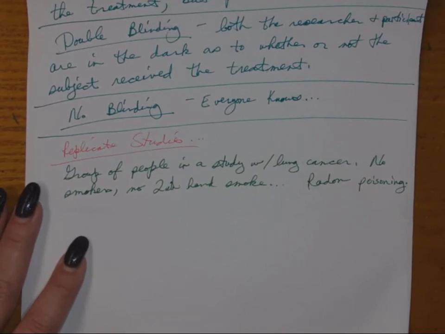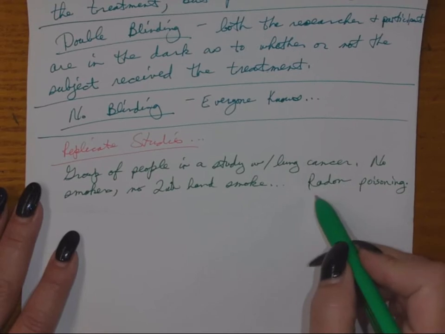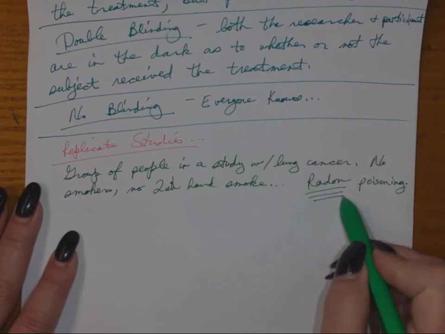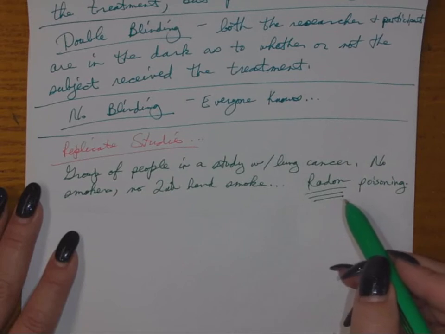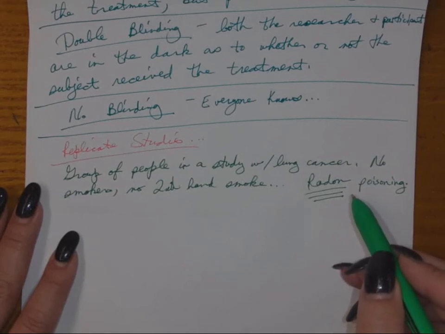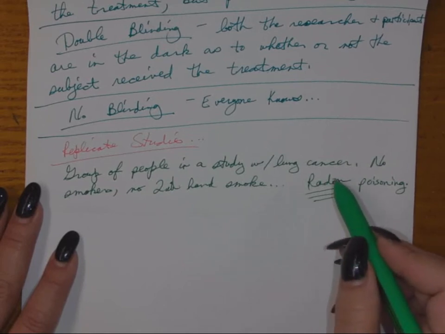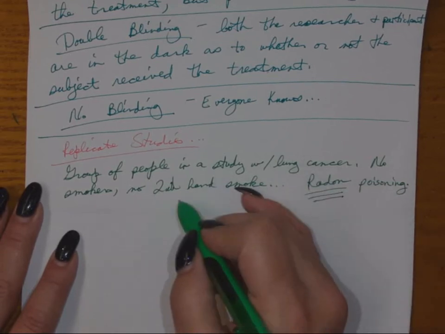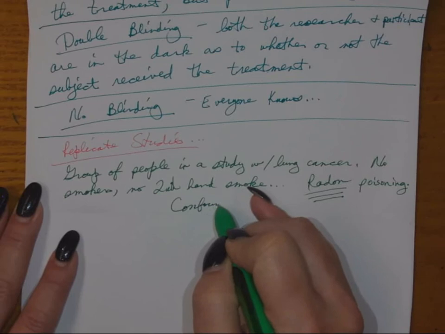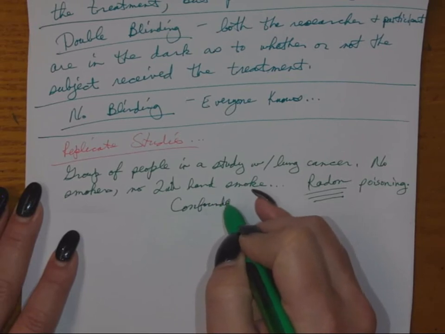Okay, so what happened was, as they studied these people and they studied their areas that they lived in and they studied their homes and all this, they started seeing, oh, all of these people have radon. Okay, so there was one factor, one variable that was out there that we didn't know about when we did our study, basically.